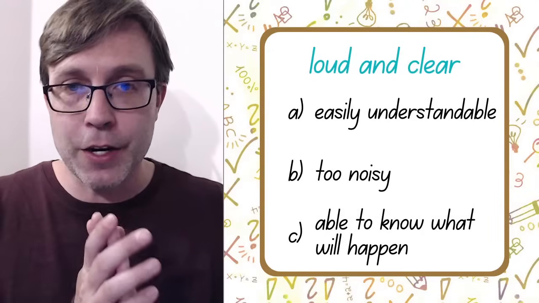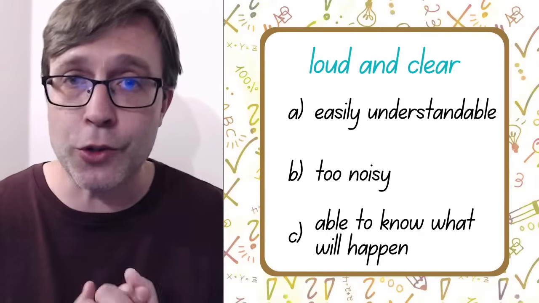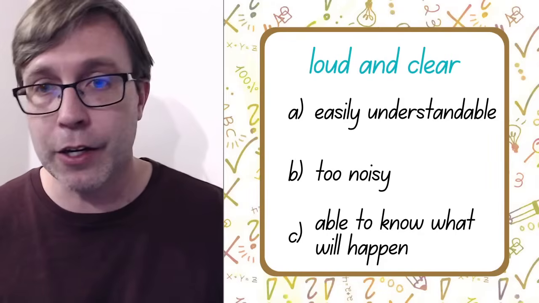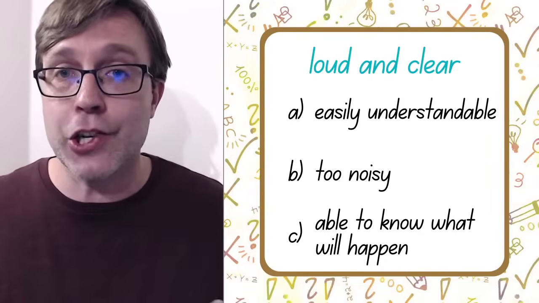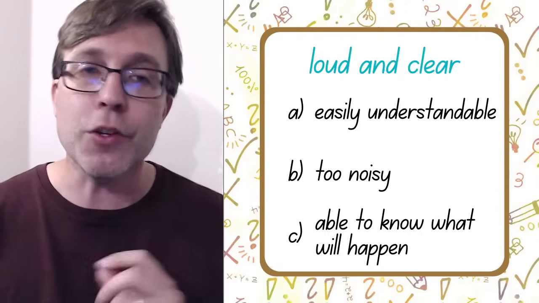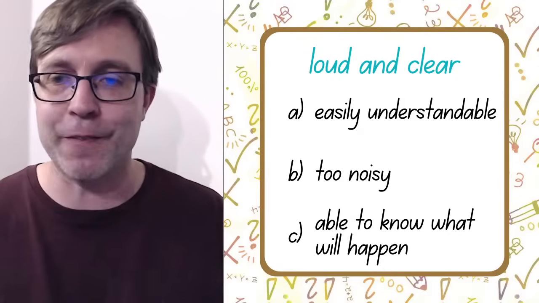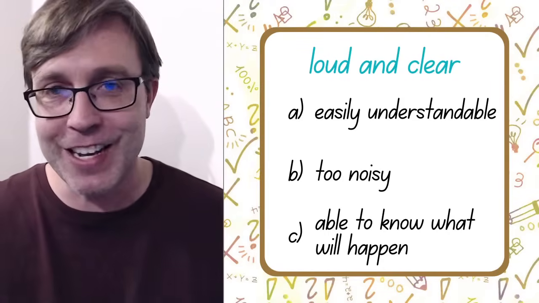So here is the binomial pair, loud and clear. So you see those 2 words, loud, clear. It's joined by the conjunction and we get the phrase loud and clear. What do you think it means? Write your answers in the chat. If you're watching this later, write your answers in the comments.